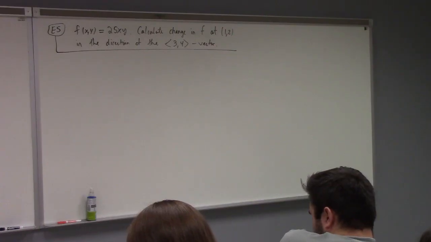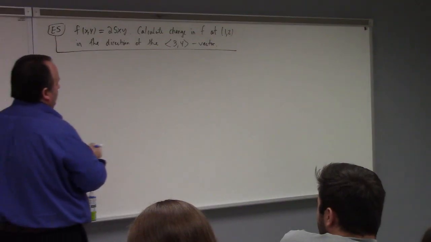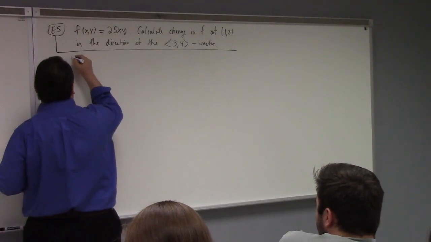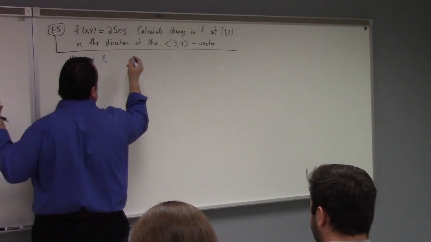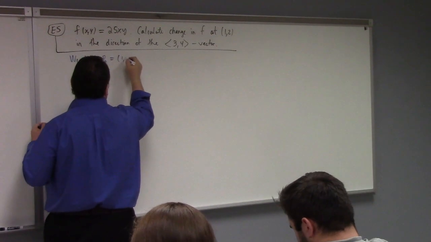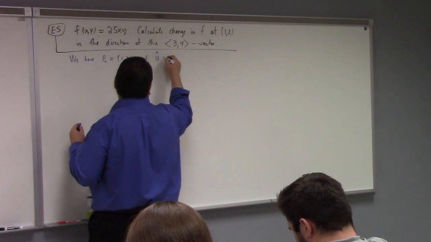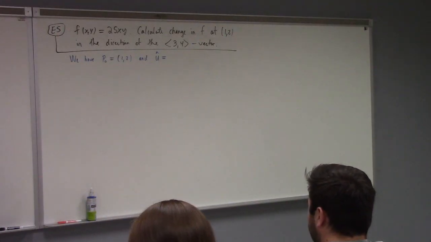All right, so let's work it out. Evidently my point p naught is 1, 2. And how about my unit vector? Now be careful, there's a trap here.